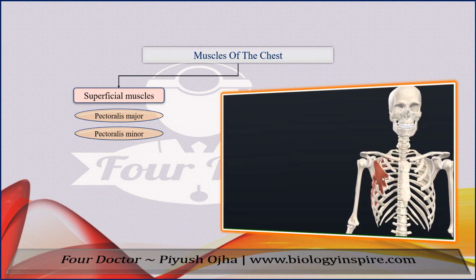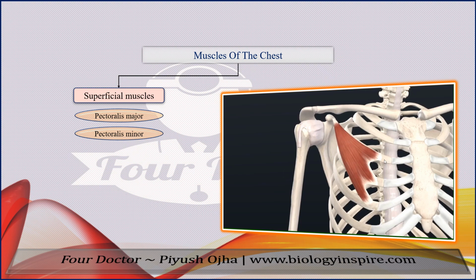Now underlying the pectoralis major muscle is this triangular muscle, the pectoralis minor muscle. The pectoralis minor muscle originates from the anterior surfaces of the 3rd, 4th and 5th ribs, just near or lateral to the costochondral junctions.